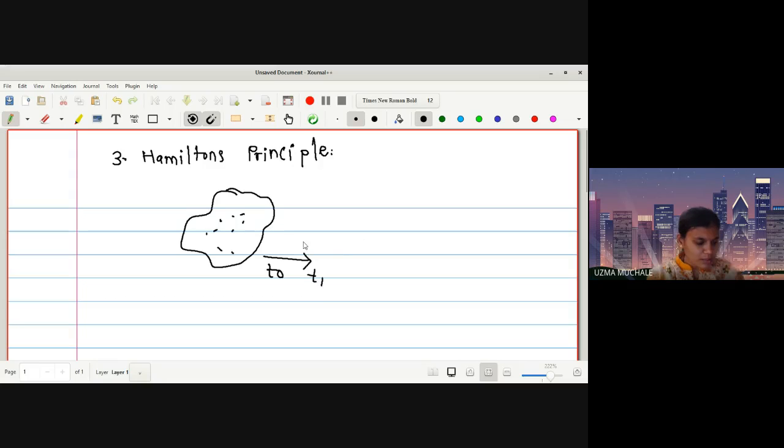Out of all those possible paths, a system will choose a path along which the line integral of the Lagrangian is extremum.